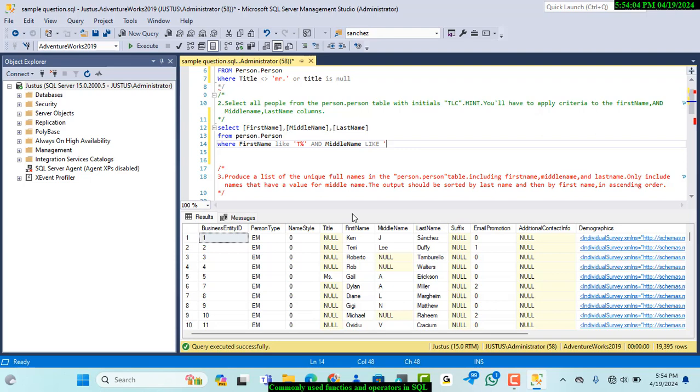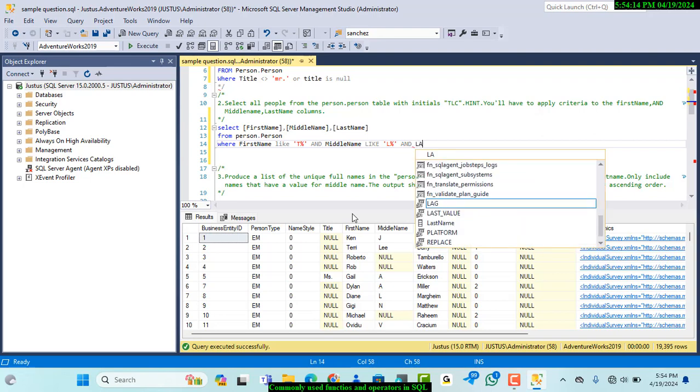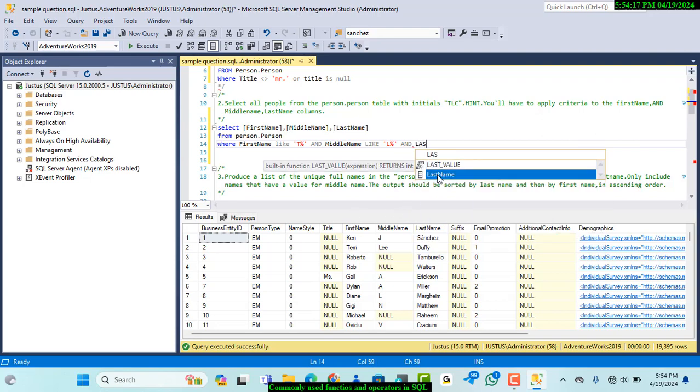Now you need L for the middle and last name, LIKE.